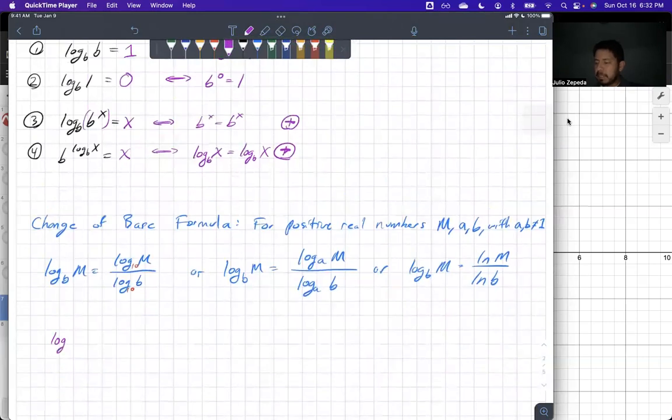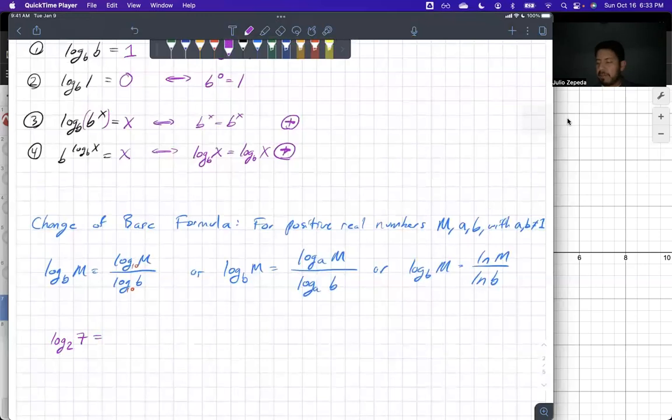So the log base 2 of 7, let's say. This change of base formula essentially says that you can rewrite a logarithm with a different base. A lot of calculators will not do log base 2. My calculators, I have two cheap ones, one that I got at a dollar store and another that I got at Walmart, don't do log base 2.